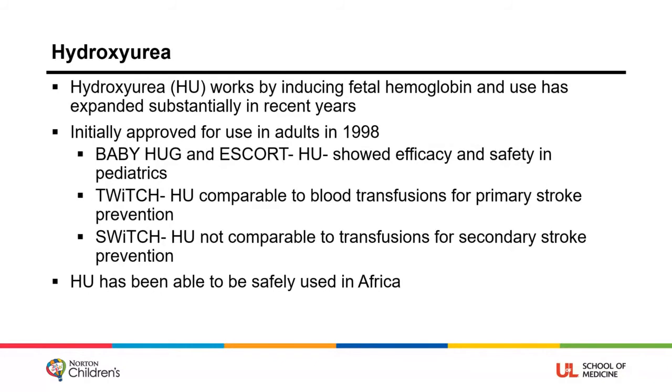Hydroxyurea is a ribonucleoside diphosphate reductase inhibitor that was first used in myeloproliferative disease, and its mechanism in sickle cell is multifactorial. The exact mechanism is not known, but it does certainly increase the production of fetal hemoglobin.